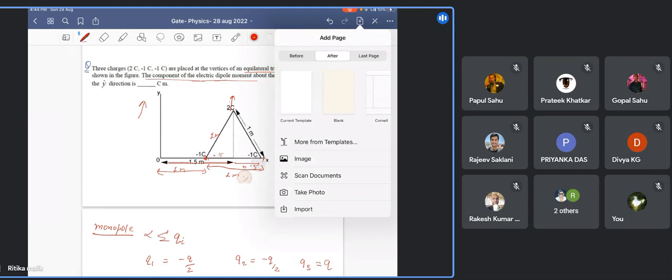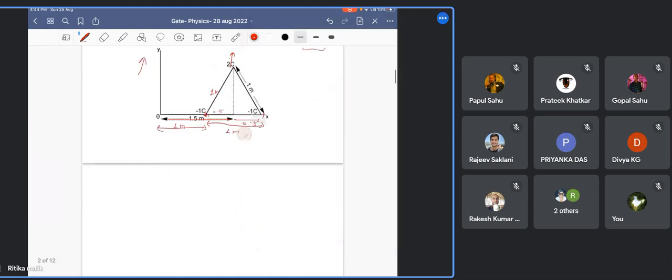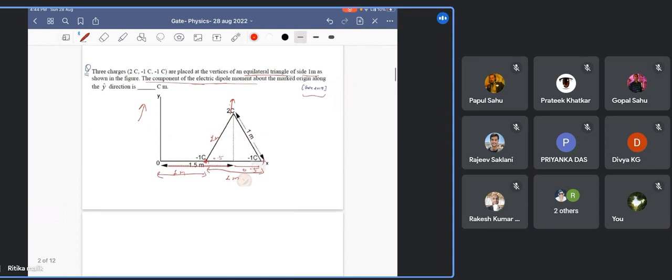The question requires two concepts again. First, we would have to check whether it is a monopole or not, but it is already given that it's an electric dipole moment. The summation over Qi is zero, since we have minus 1 coulomb charge and minus 1 coulomb charge plus 2 coulomb.